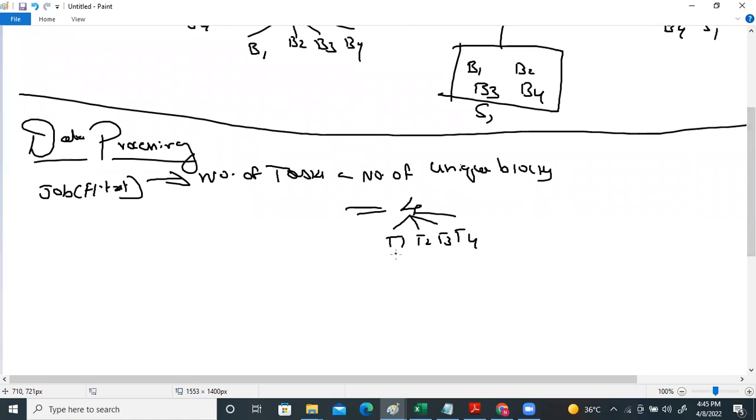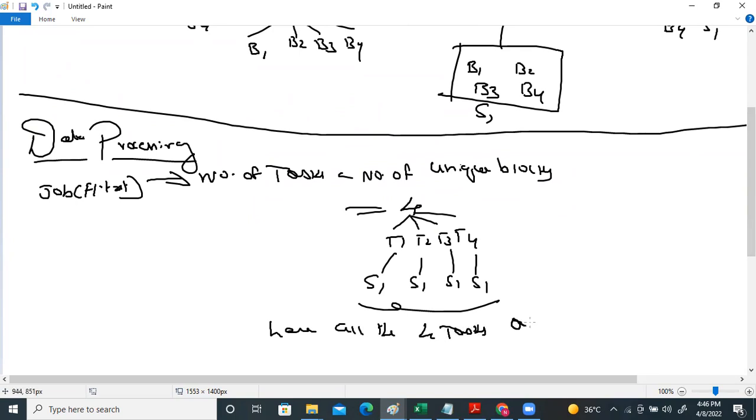Who should execute T1? S1. T2, S1. T3, S1. T4, S1. So all the 4 tasks are executed by S1.